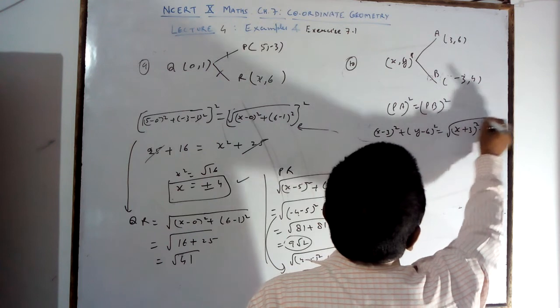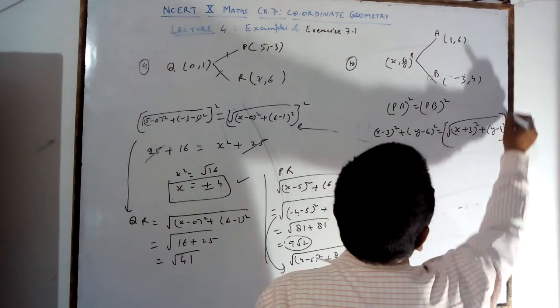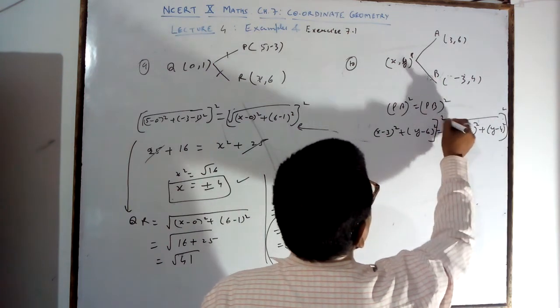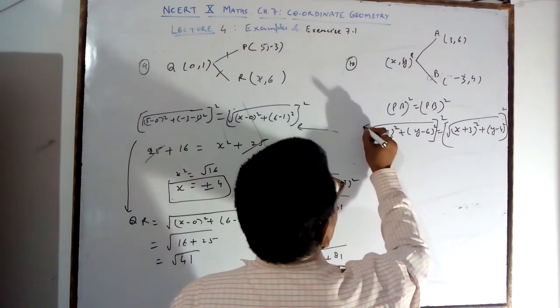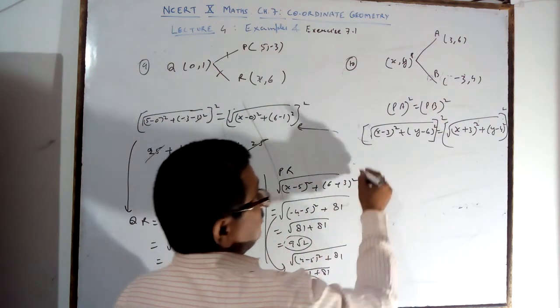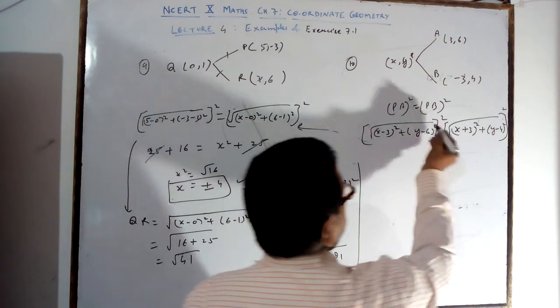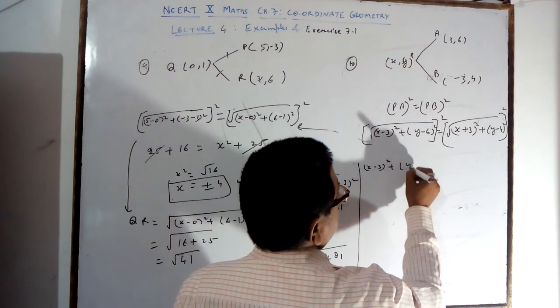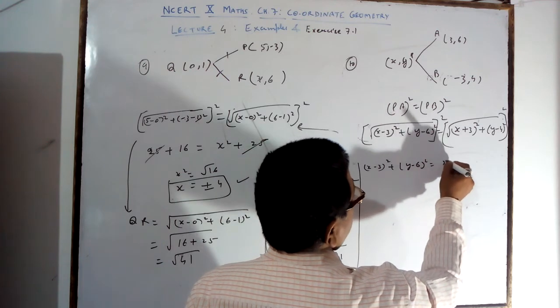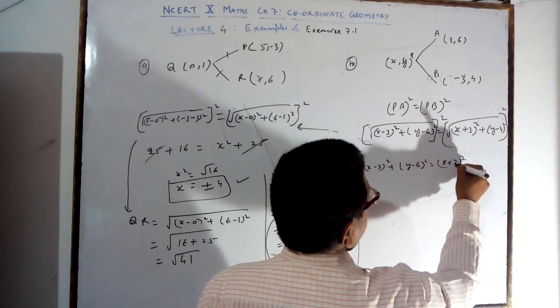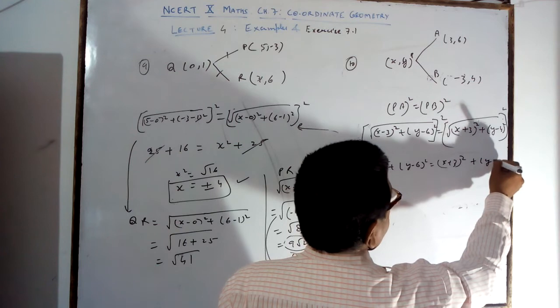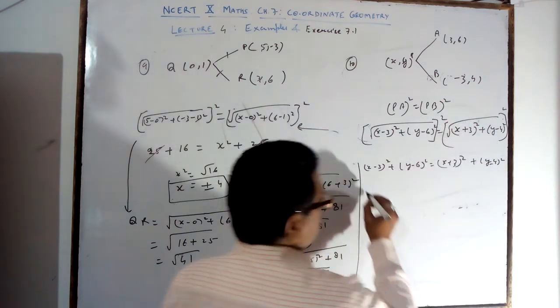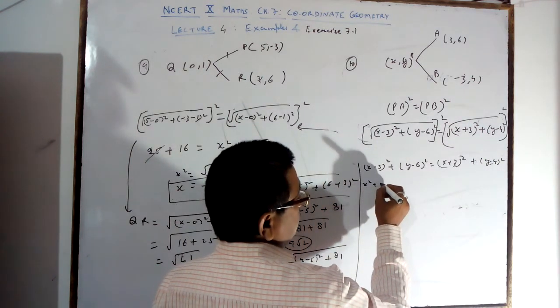Distance formula you are applying, so both the square roots will be cancelled. (X minus 3) square plus (y minus 6) square is equal to (x plus 3) square plus (y minus 4) square.